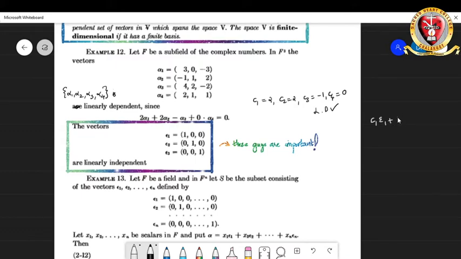That means c1 epsilon 1 plus c2 epsilon 2 plus c3 epsilon 3 is equal to 0, and we are assuming that all of the constants are not 0.